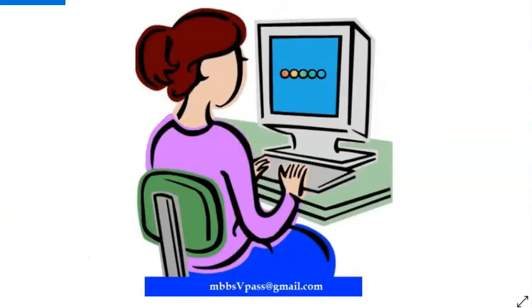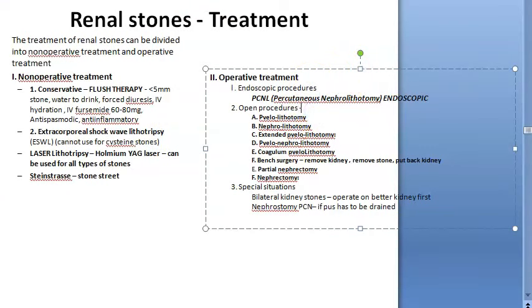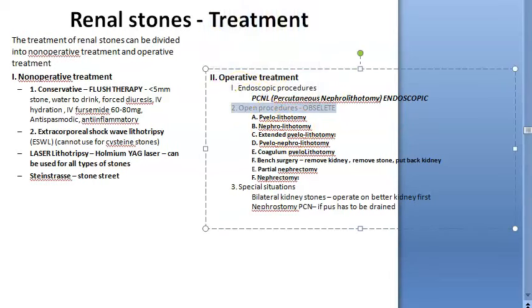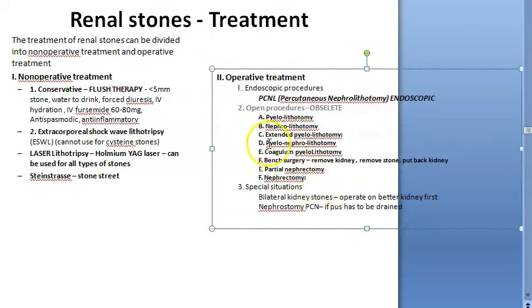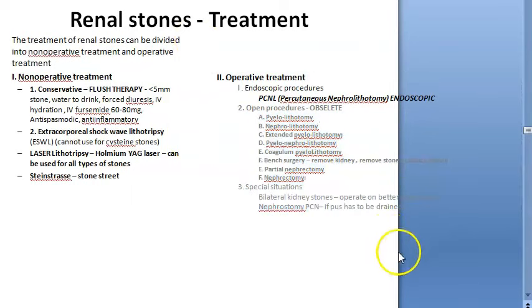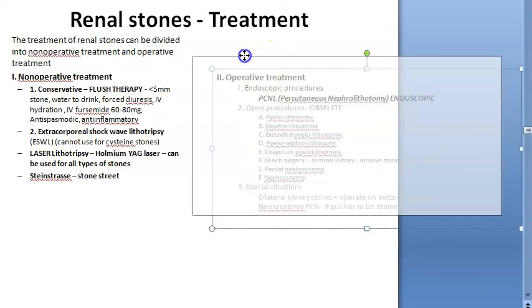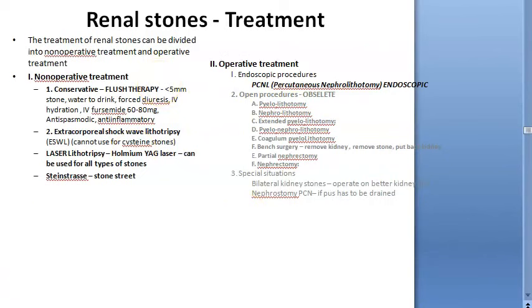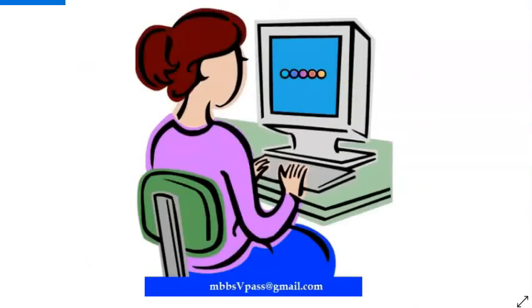Basically, understand that these open procedures have actually become obsolete, it seems. So whatever you have learnt in this video is totally obsolete. But you have to write it in the exam. And kidney stones or renal calculus is such an important question for you that it is better you know all these terms. It's a very important question, guys, this kidney stones thing.